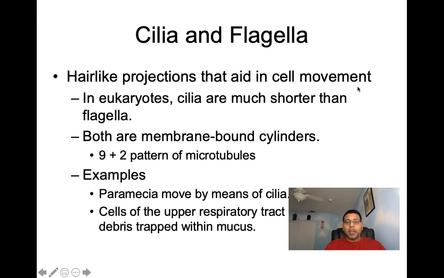Either to help in moving of the cell, or to help move things along the surface of the cell. In eukaryotes, cilia are much shorter than flagella.